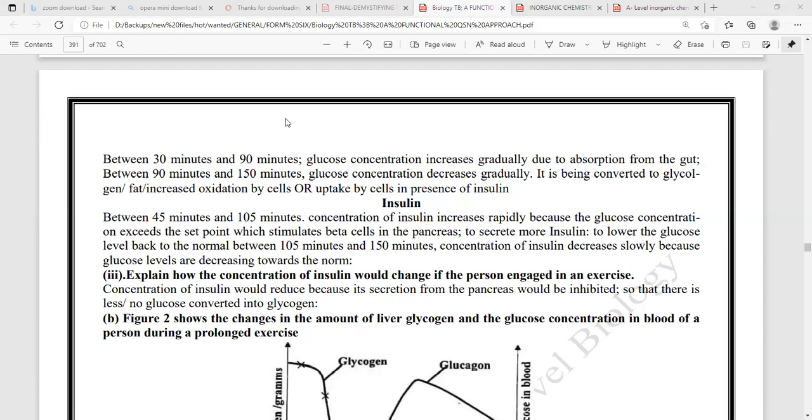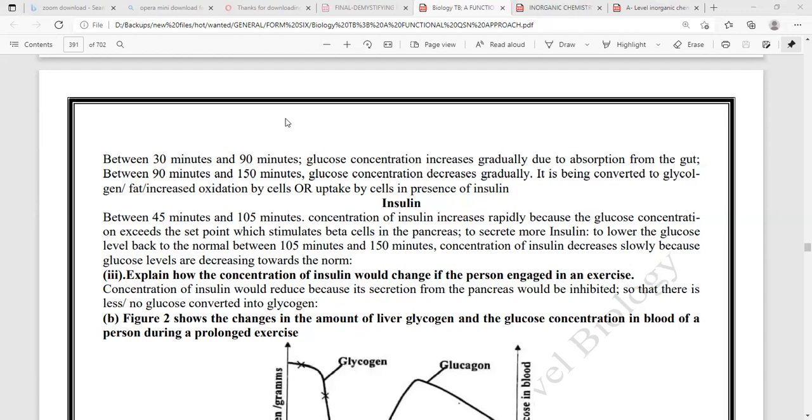So insulin is being secreted to lower the glucose levels back to the norm, that is between 105 and 150 minutes. When the glucose levels start reducing and come back to the norm, the concentration of insulin also decreases slowly, because these are decreasing towards the norm.